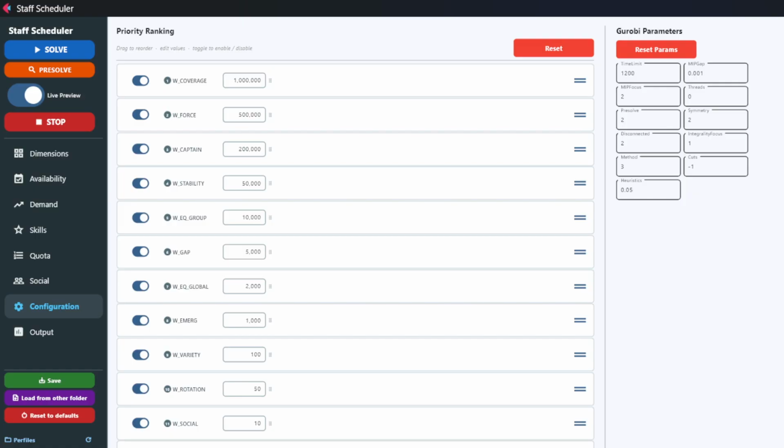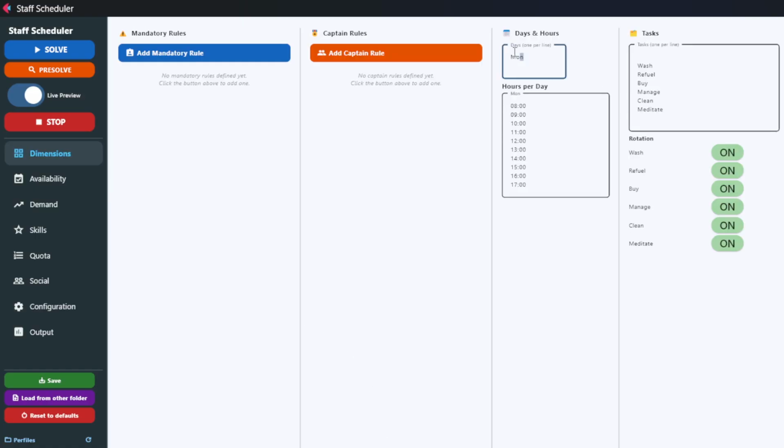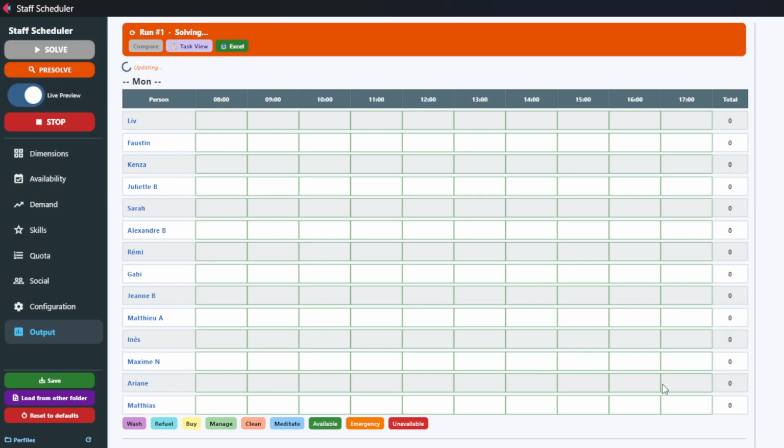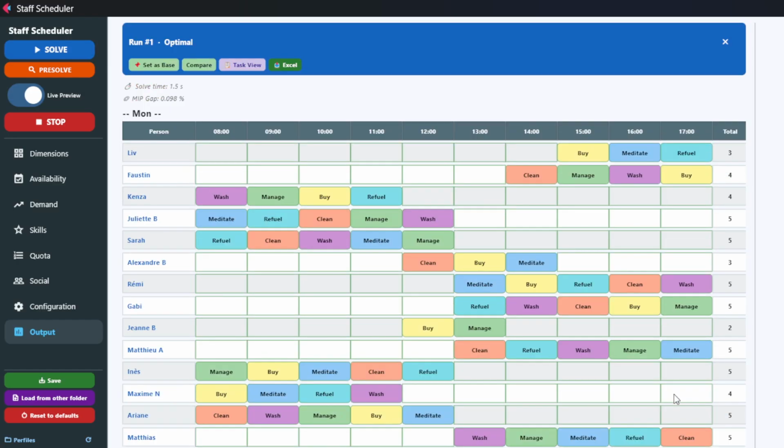So if I do just a basic run with one day, this amount of hours, this amount of tasks, and this amount of people, we can run it and you will see that it is done. It tries to maintain the same amount of hours per person. Here I'm seeing that the amount of hours is not equal.